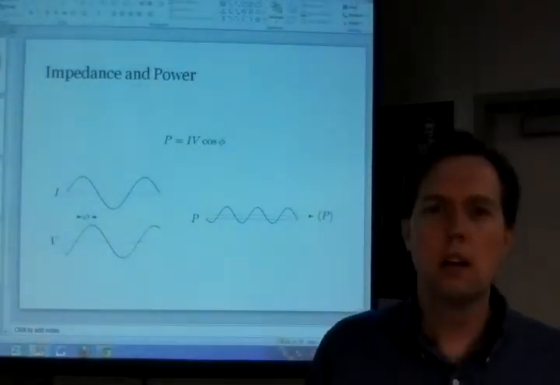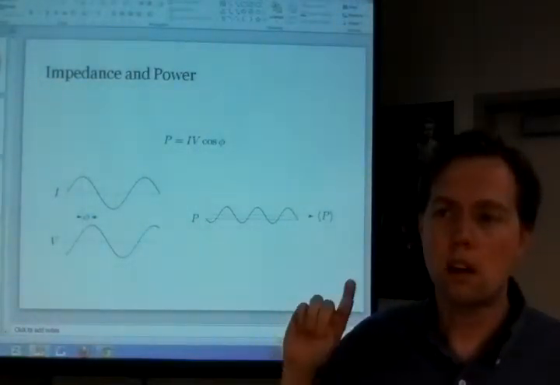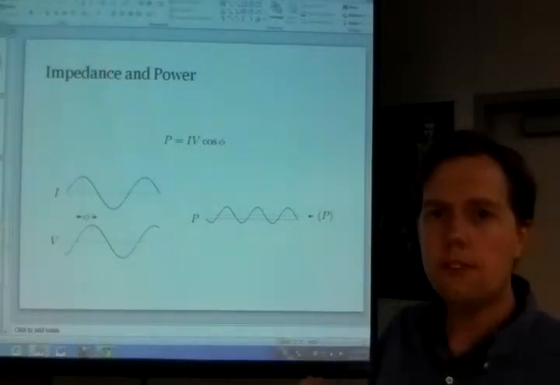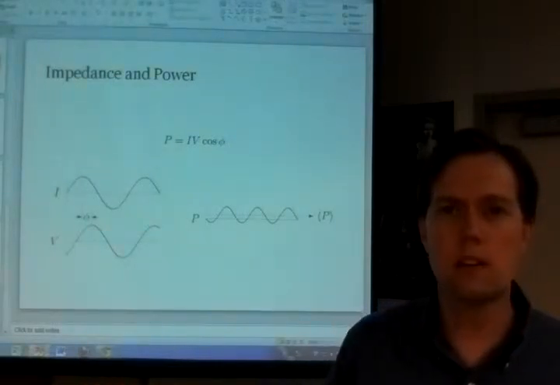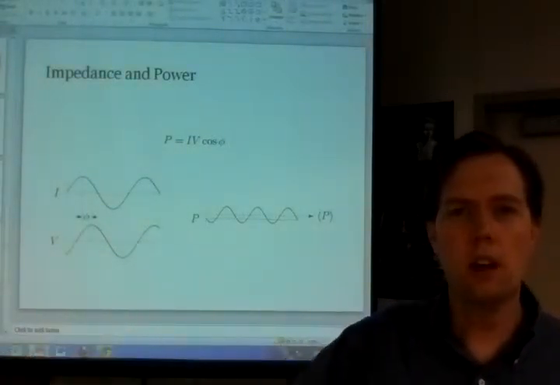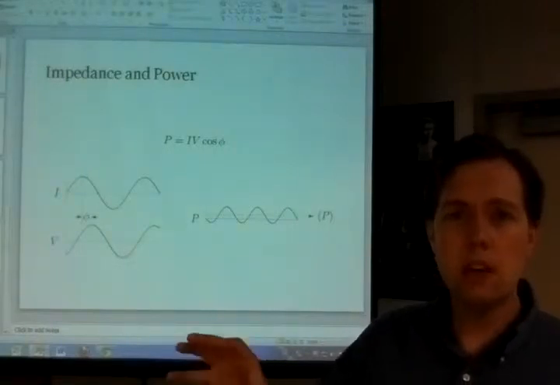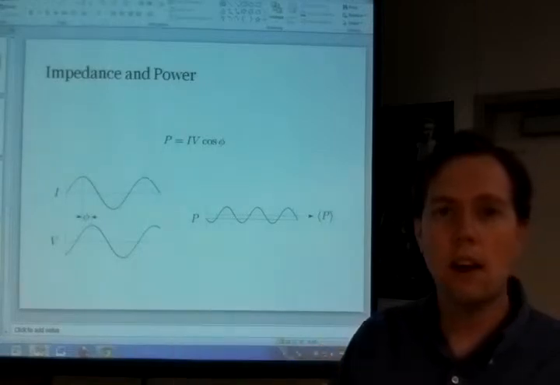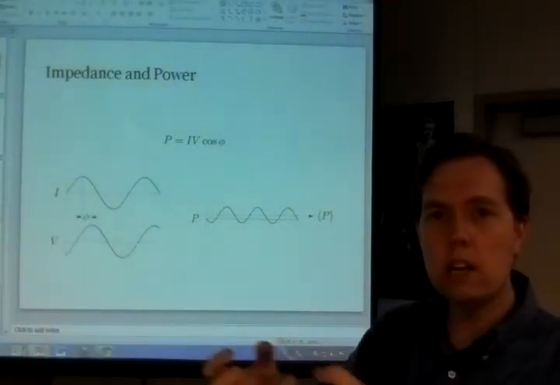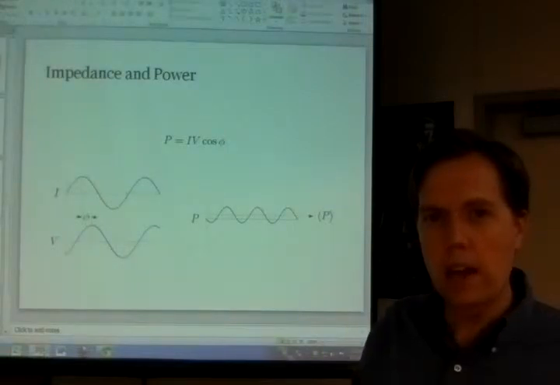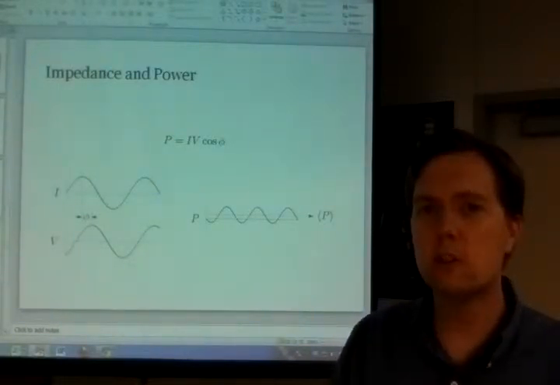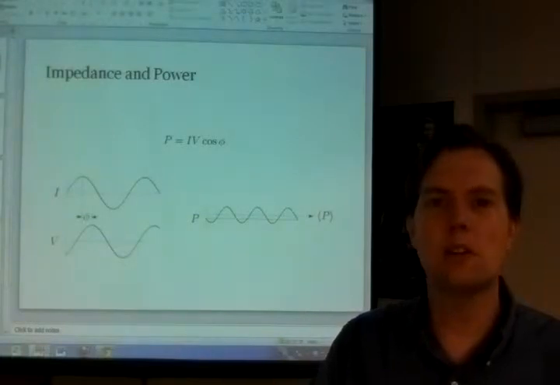Now that power does three things. It is transformed into heat in the resistor, it feeds the electric field through the capacitor, and it feeds the magnetic field through the inductor. Now that feeding of the fields, the electric and magnetic fields, can go both directions, right? I can either increase the field or I can decrease the field and pull that power back. And so there's a fundamental difference between resistance and reactance, right? The reactance doesn't actually consume, or there's no net consumption of power.